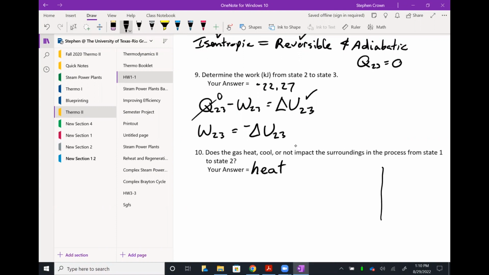So we have our piston cylinder assembly. This piston's moving up. There's our oxygen. This is our system, and this is our system boundary.